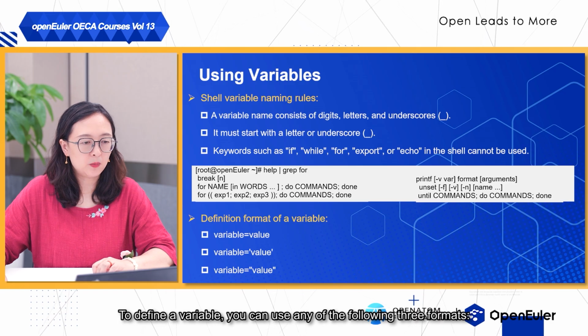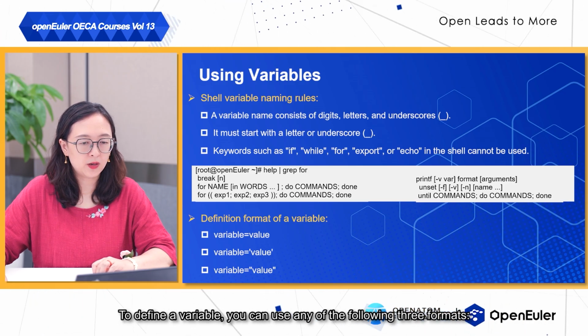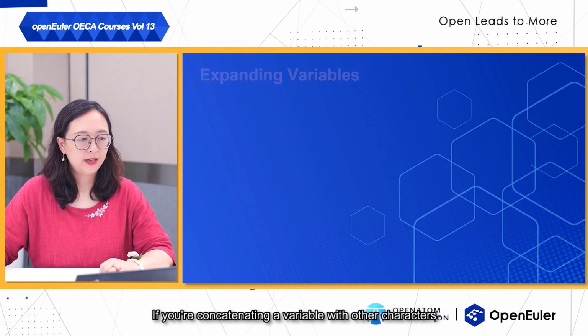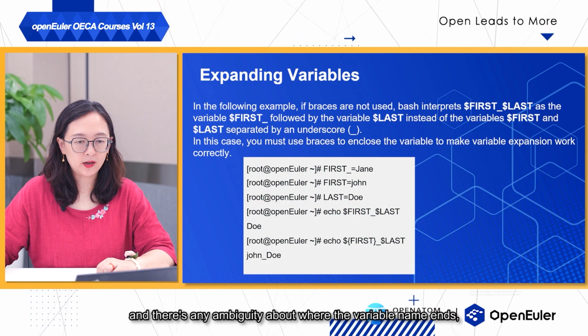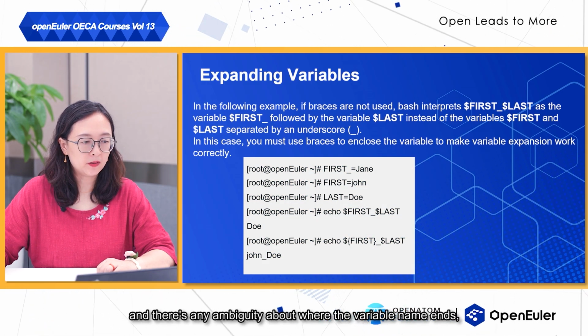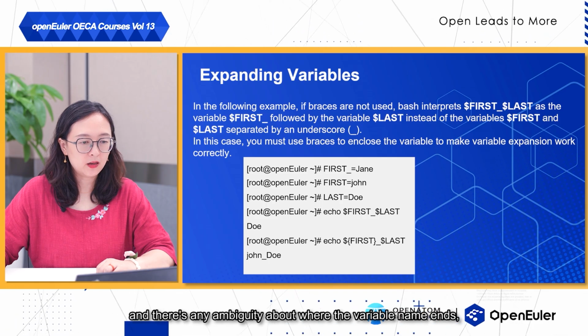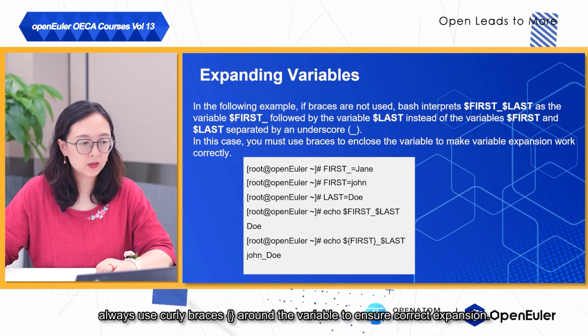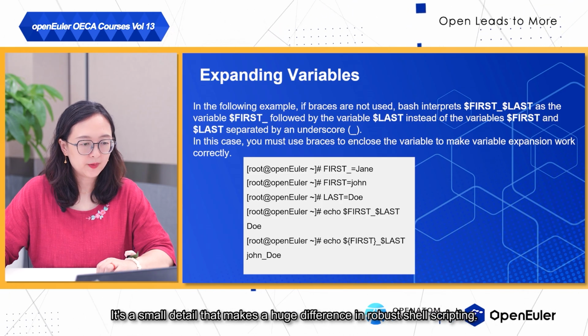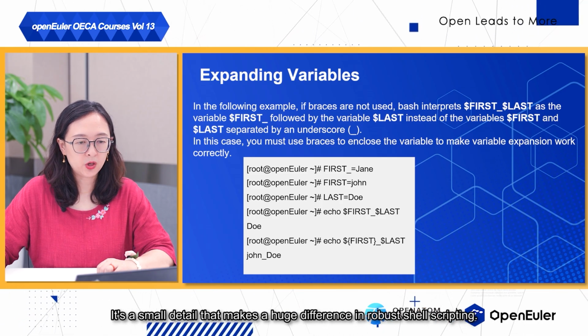To define a variable, you can use any of the following three formats. If you are concatenating a variable with other characters and there's any ambiguity about where the variable name ends, always use curly braces around the variable to ensure correct expansion. It's a small detail that makes a huge difference in robust shell scripting.